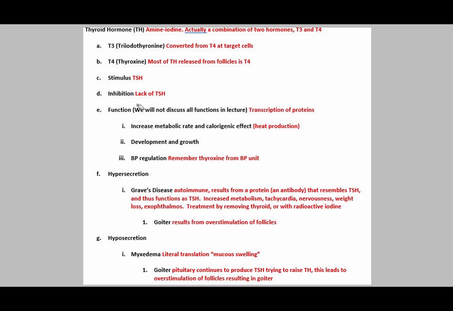So the stimulus for thyroid hormone is something called TSH, thyroid stimulating hormone. Sometimes it's also called thyrotropin. TSH, thyroid stimulating hormone, is thyrotropin. They're the same thing, just 2 different names.